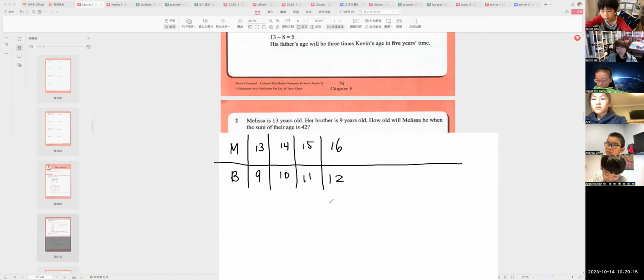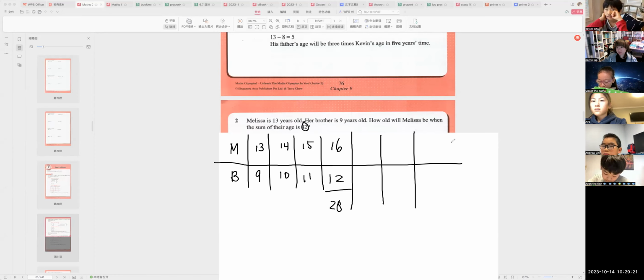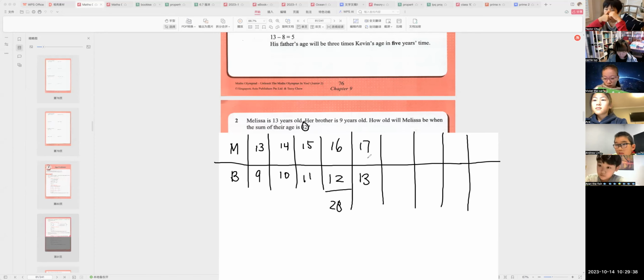Is 16 plus 12 equal to 28? Not 42. Did any of the kids get it? So we're listing them, right? Andrew and Evan, we're listing them. We list it one by one.